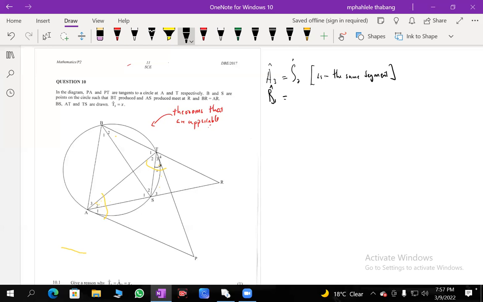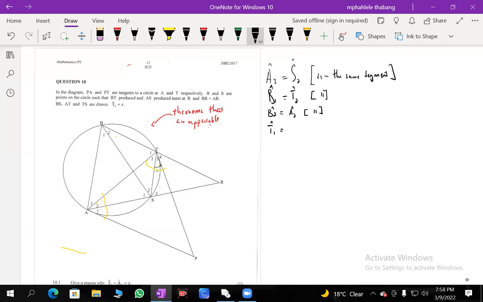Angle T2. Amazing. Same reason, angle in the same segment. Angle B2, you have already spoken about this one. Angle A2, same reason, angle in the same segment. Angle T1 is equal to which angle?